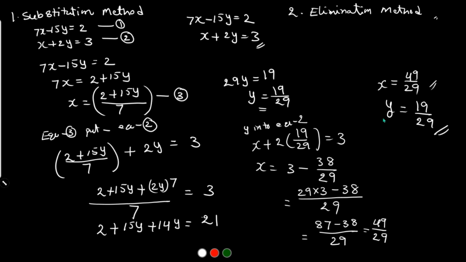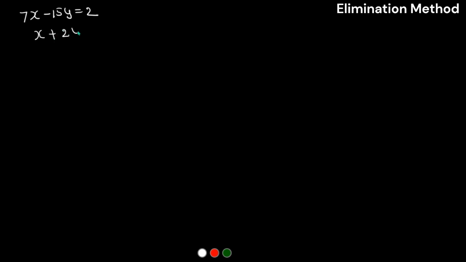Now we see the same problem with the elimination method. How do you solve the elimination method? I am rewriting the same equations one more time here. That is 7x minus 15y is equal to 2. Another equation is x plus 2y is equal to 3.